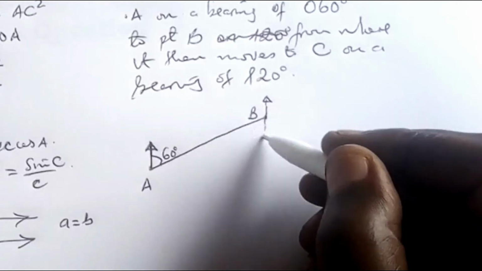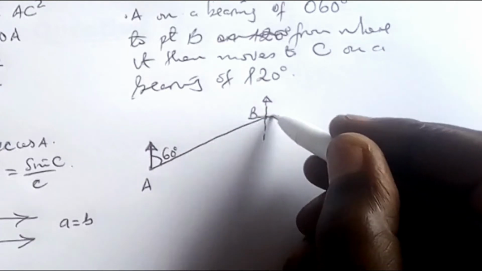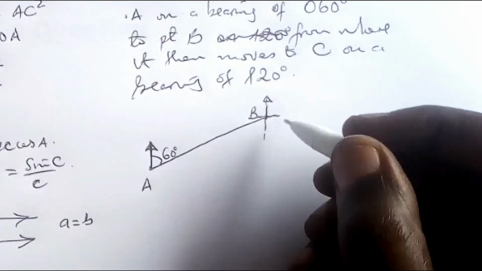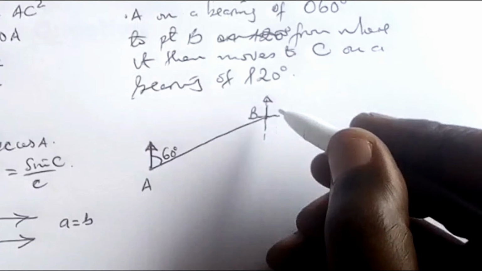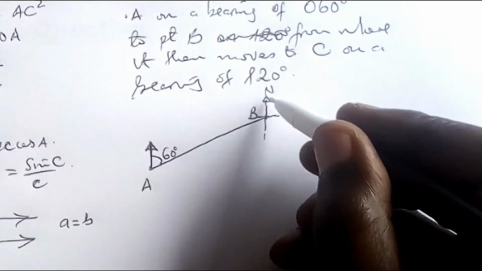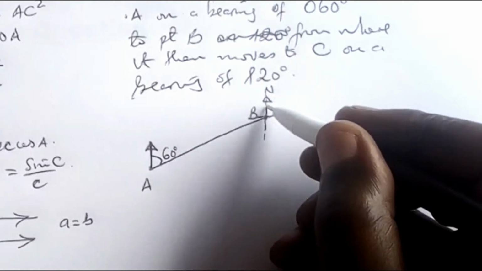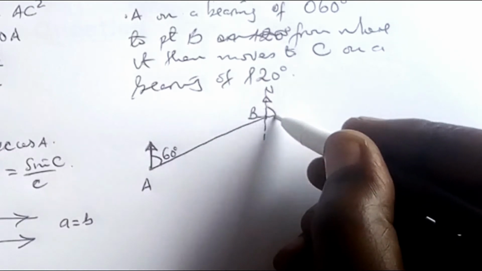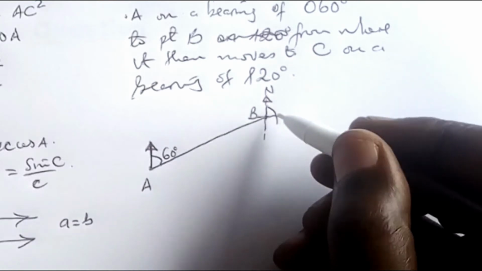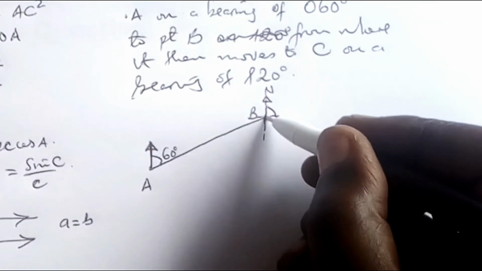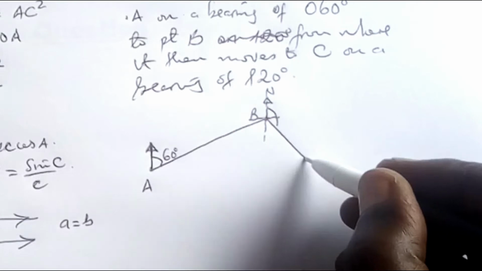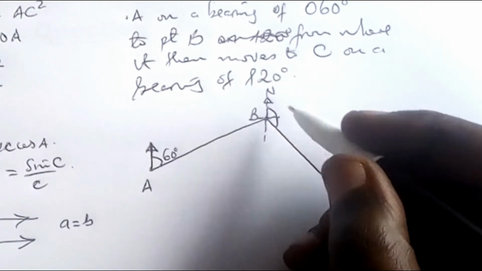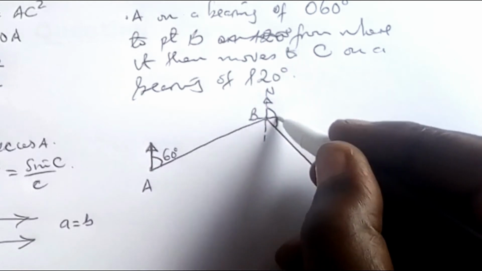That bearing is good to indicate now the 4 cardinal points to really know where the angle will lie. If this is the north, then my bearing starts from that north clockwise, and I wouldn't be indicating 120 degrees as specified. It wouldn't help me in the calculation.